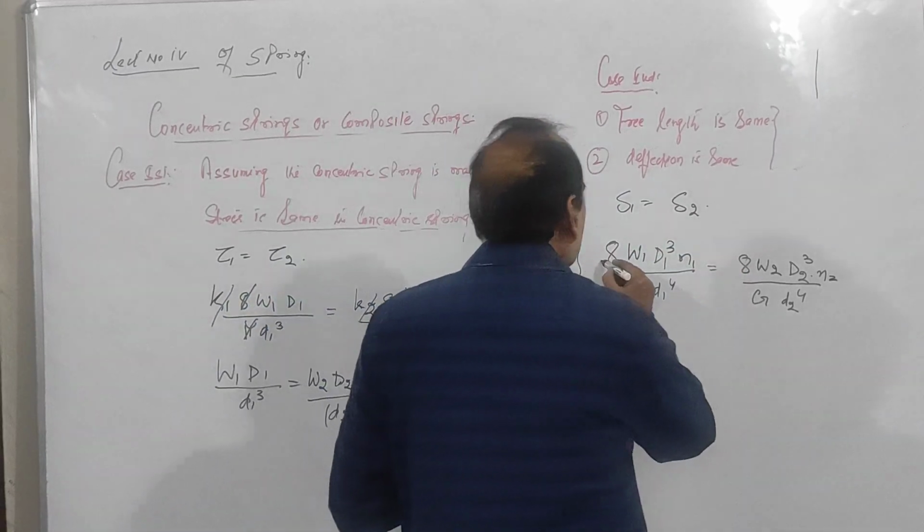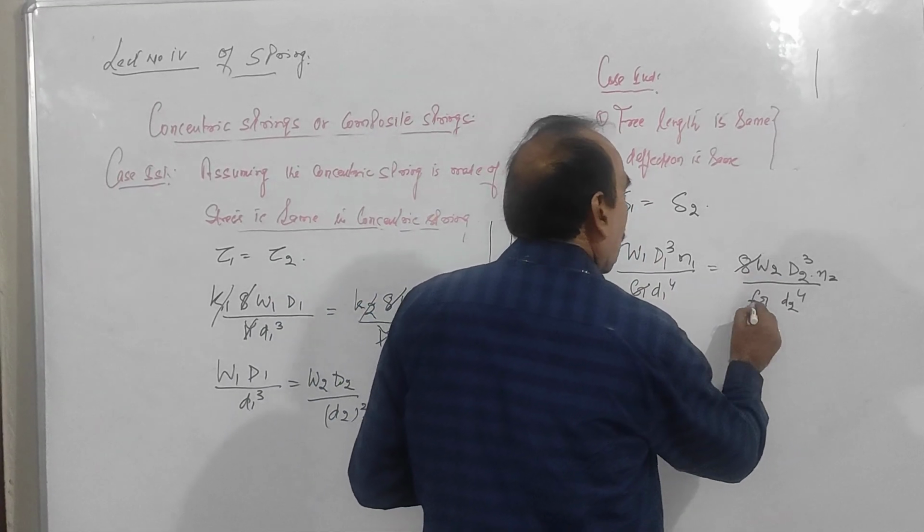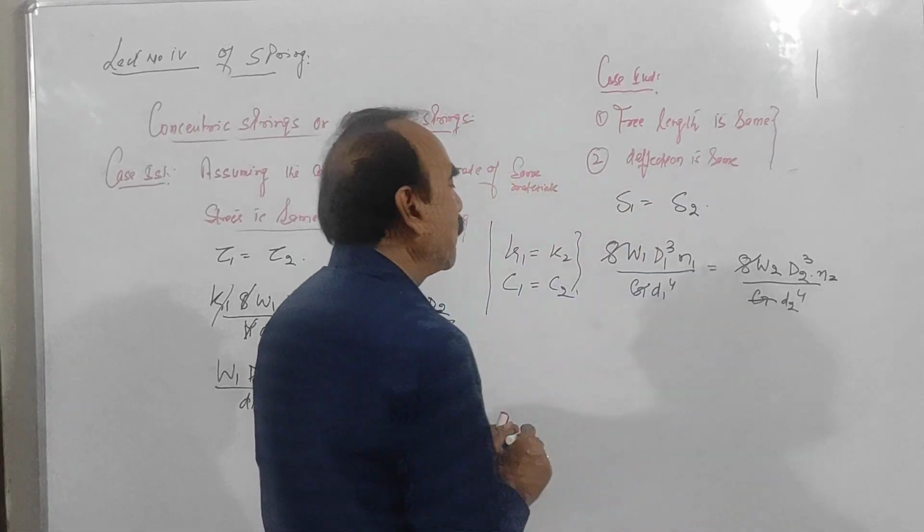So ये 8 और 8 आपका कैंसिल हो जाएगा, G और G आपका कैंसिल हो जाएगा, right?